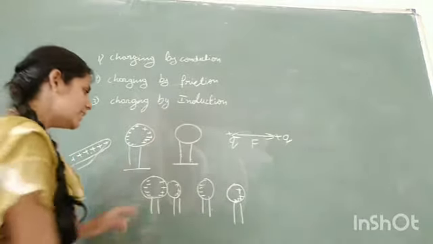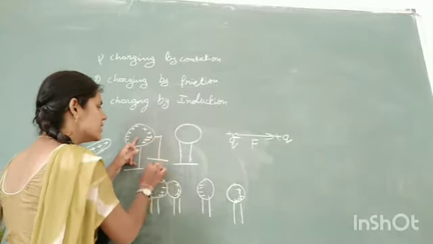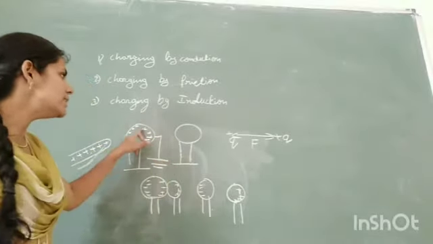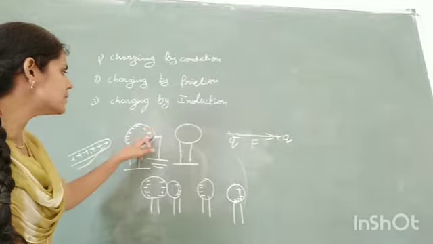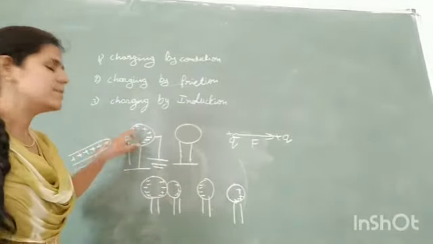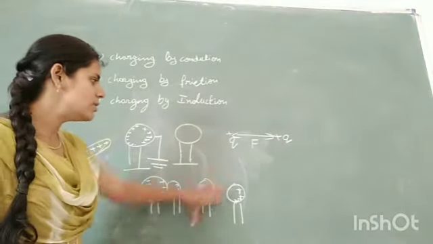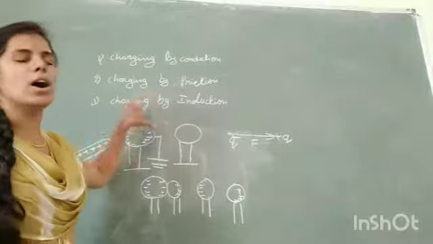Or another thing: we can simply ground this charged body, then the positive charges flow towards the ground. Therefore it becomes a negatively charged body. In this case also we can produce a charge on a body.